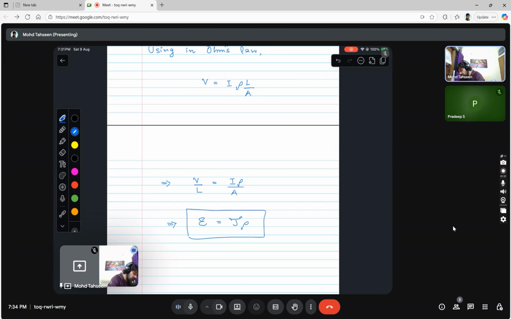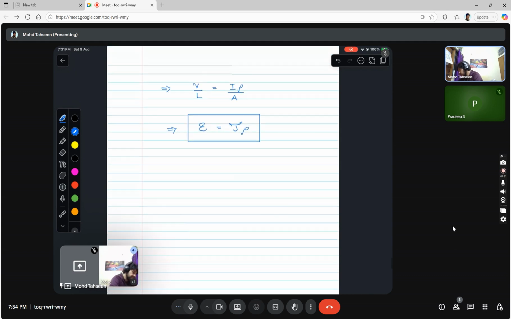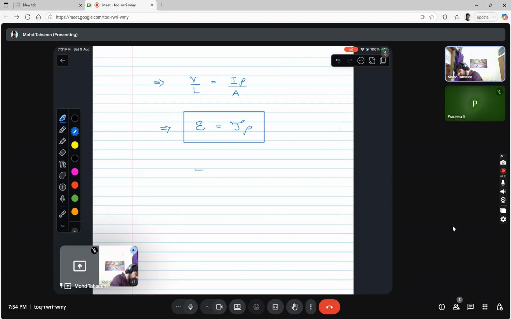So this is an equivalent way to write Ohm's law in terms of electric field and current density. We can rewrite this as J is equal to electric field times sigma, right? Because sigma is 1 over rho, and this is Ohm's law.